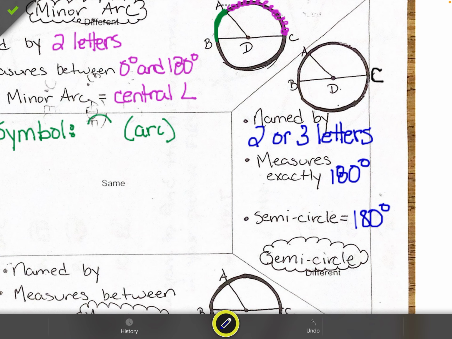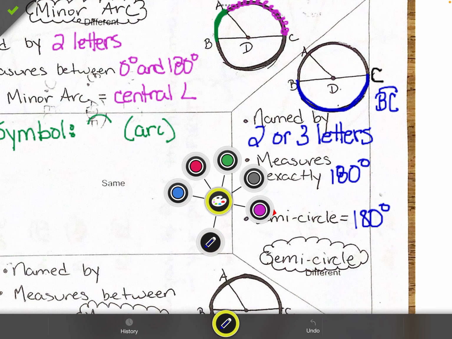So there are actually 2 semicircles in this picture. So let's find one. From B, remember, arcs are the curved part, to C would be a semicircle. It is clearly half of a circle. And we would call that arc BC. There's another semicircle in this picture.